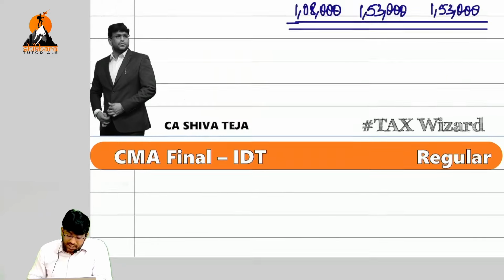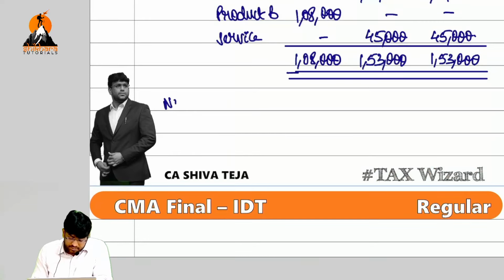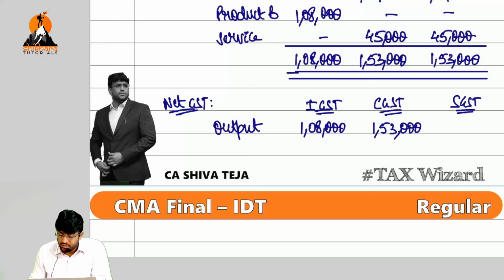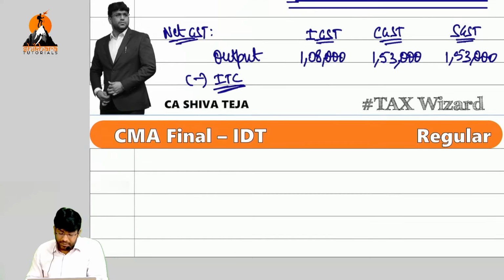And net GST liability, my dear friends: IGST, CGST, SGST. Come on, friends, tell me. 1,08,000. Less ITC. What will I use first? Come on, tell me. First, always use IGST credit. How much I have?